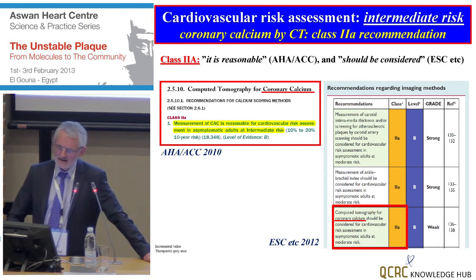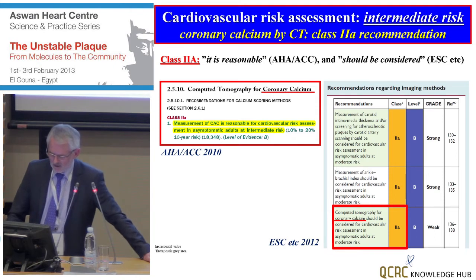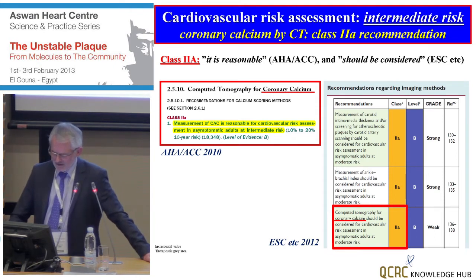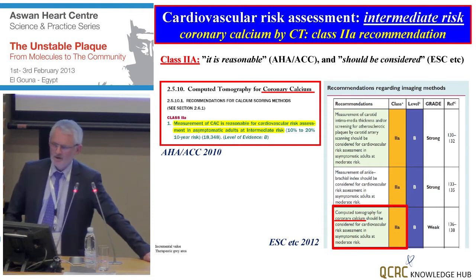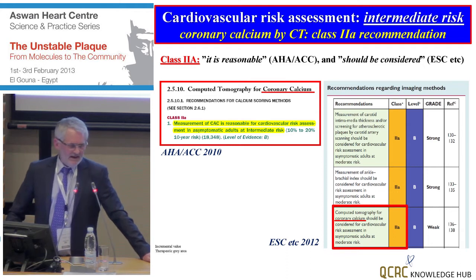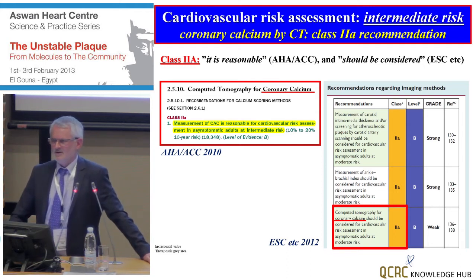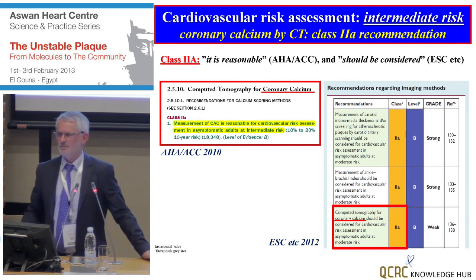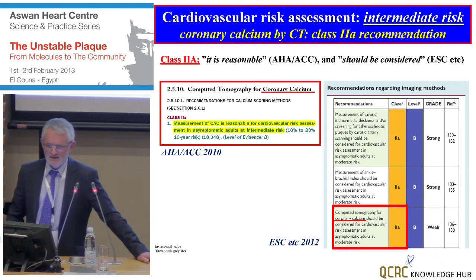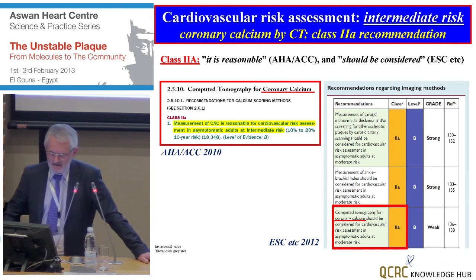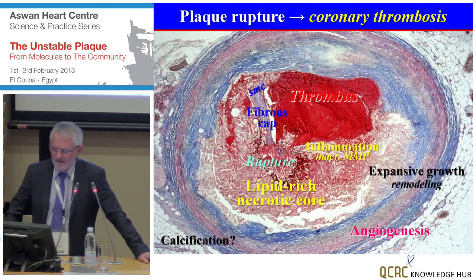And in Europe, last year, it was said that computed tomography for coronary calcium should be considered for cardiovascular risk assessment in asymptomatic adults at moderate risk. It is not used frequently in Europe, but I think it is time to change this practice. If it is reasonable to do and it should be considered, why is it not done more frequently than it is, at least in Europe?